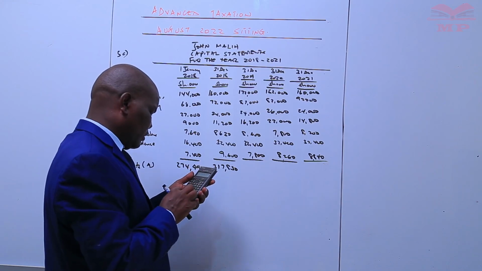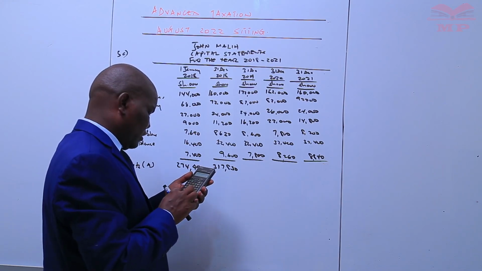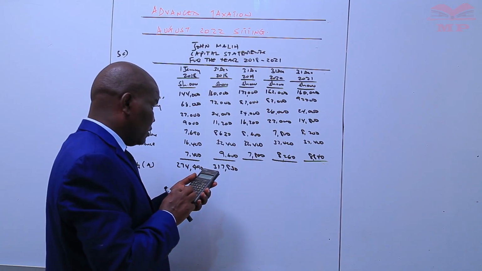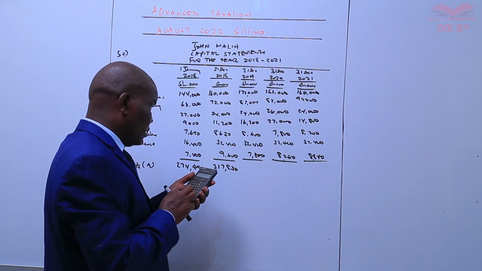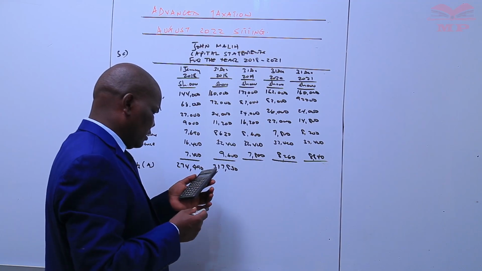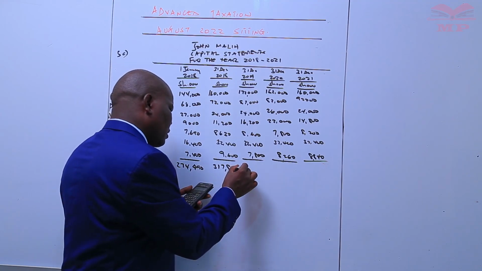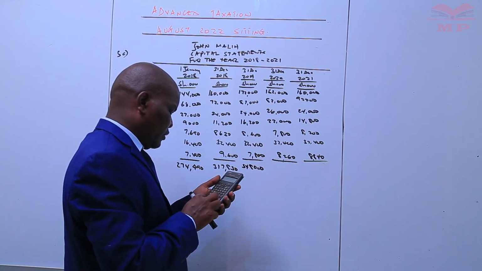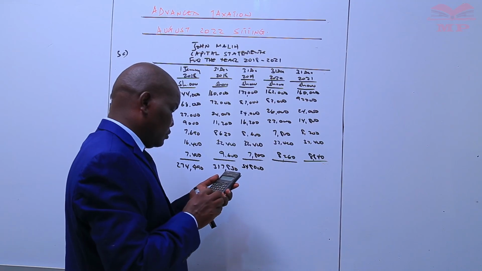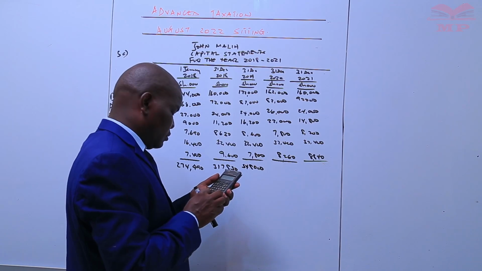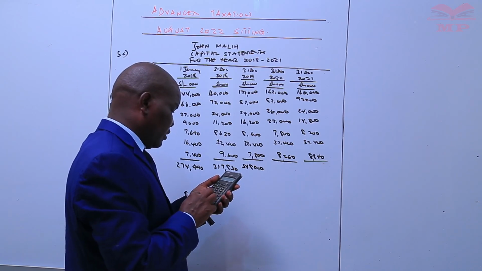2019, 172, 87, 24, 16,200, 8,600, 32,400, and 7,800. I'm getting 348,000. 2020, 152, 82, 26, 22, 7,800, 32,400, and 8260.